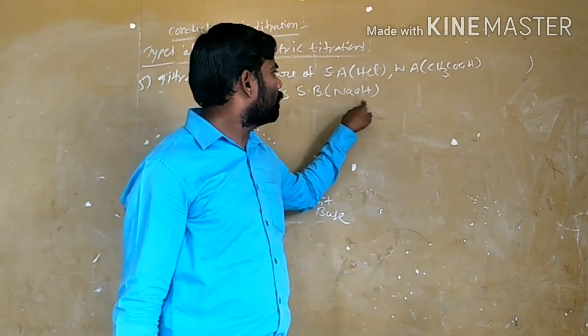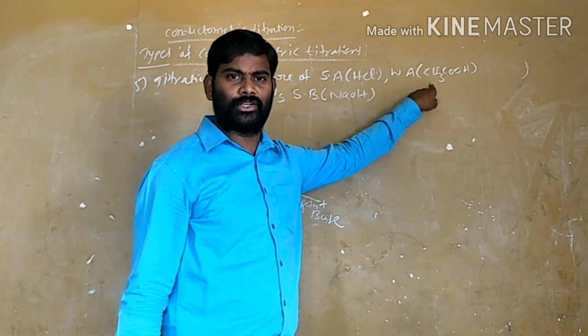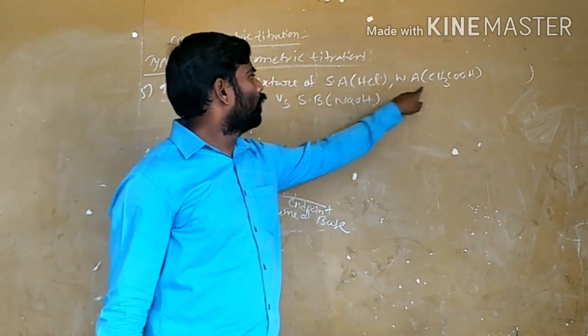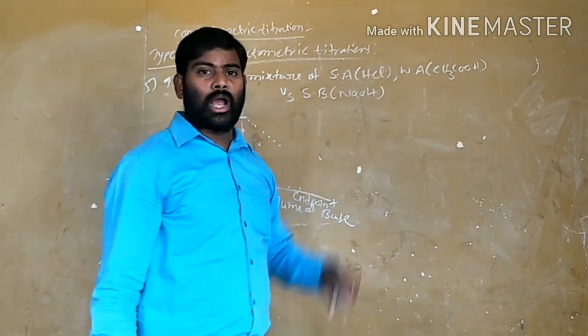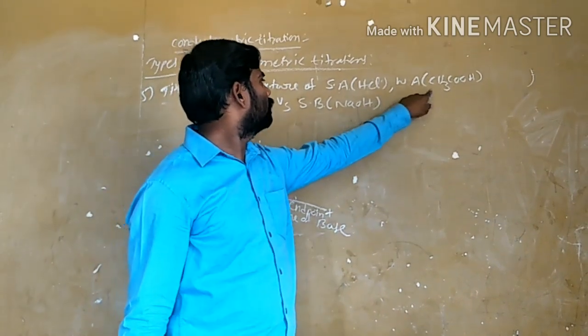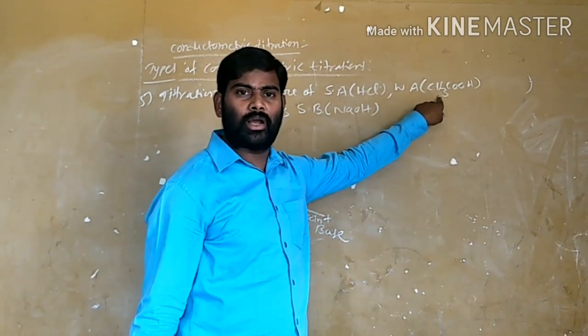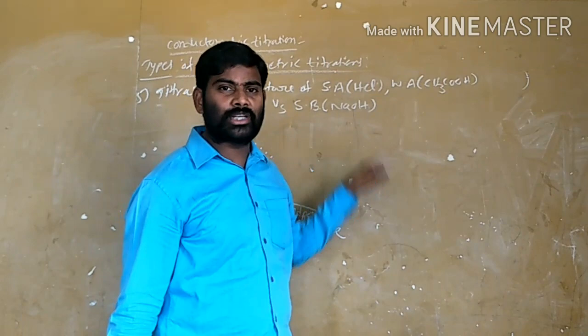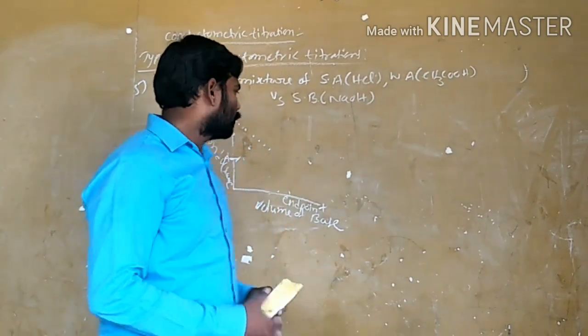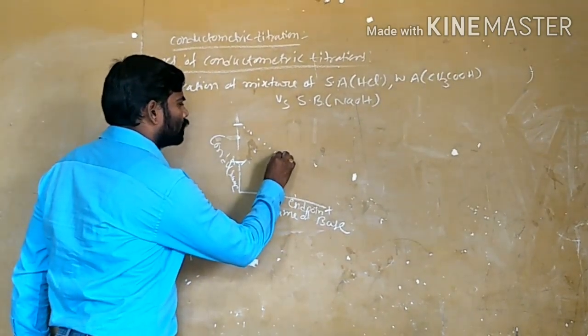Whenever we are adding this strong base to the weak acid, what is produced here? Highly ionized sodium acetate is formed. Already we discussed that.